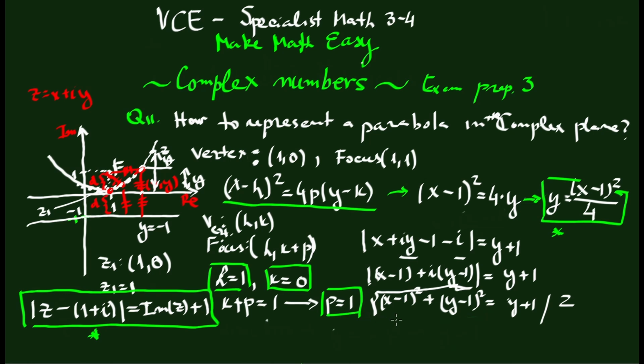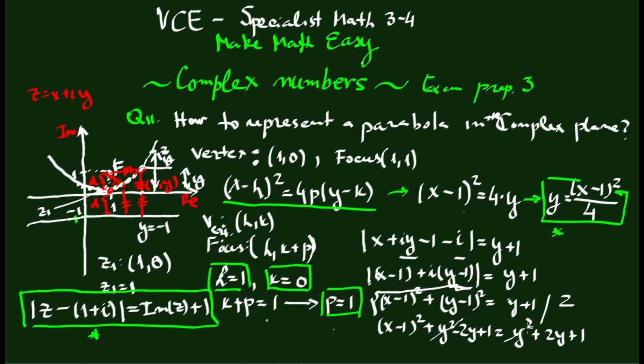So what that becomes, it becomes x minus 1 squared plus y minus 1 squared, that's y squared minus 2y plus 1, equals, and this is squared, y squared plus 2y plus 1.